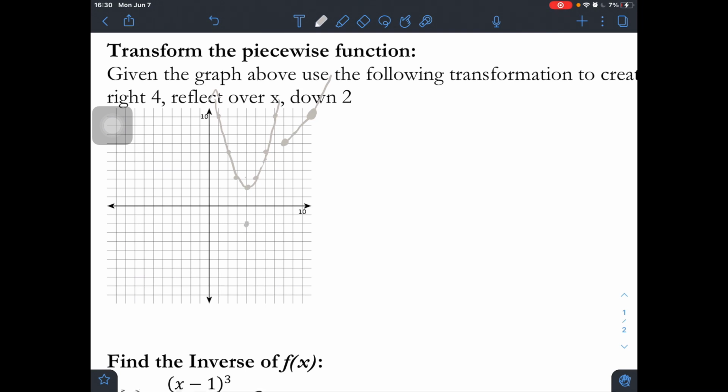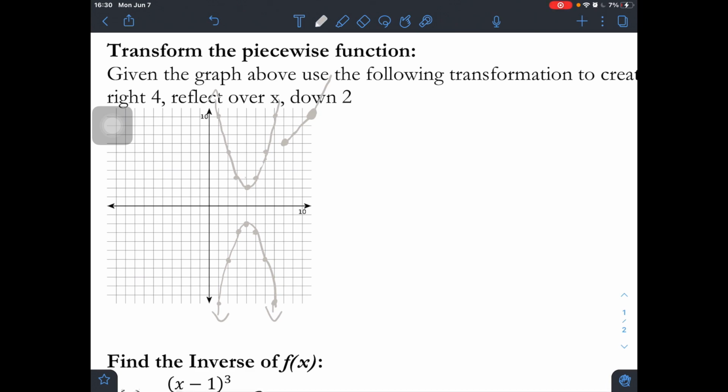This is a difference of 3, this is a difference of 6, and so on and so forth. So we can have this part of the function just be like this.